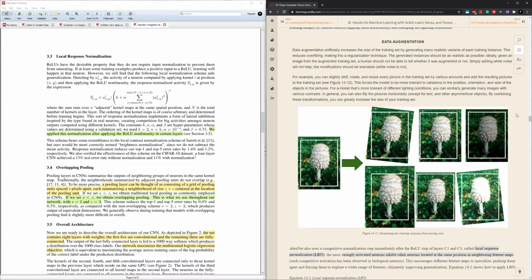So for image augmentation, my understanding is that when you're adding noise, you're trying to target different functions. For me, it's more about what different parameters you can tweak.